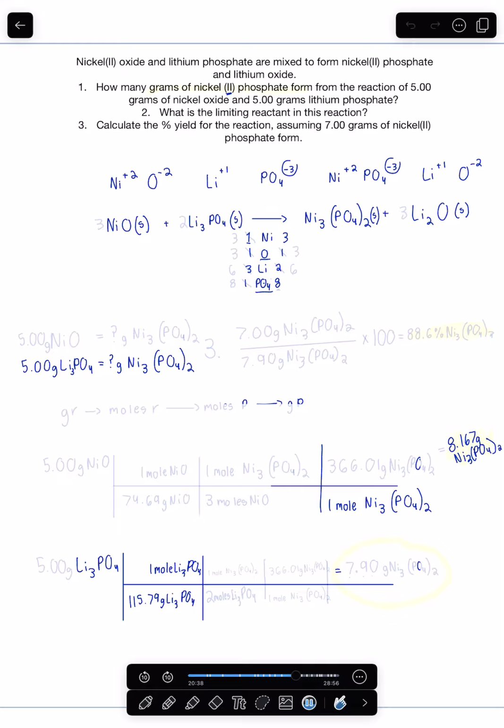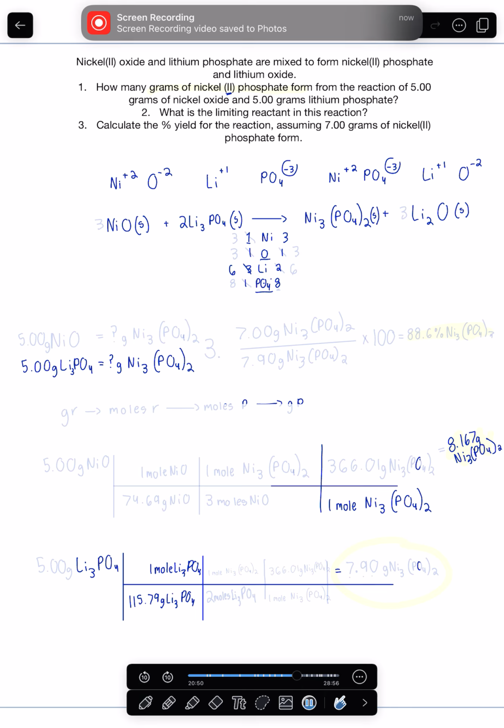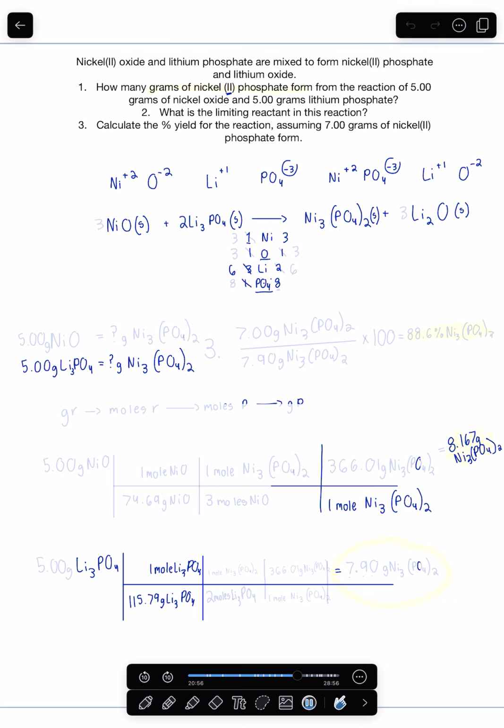And something that can be helpful is timesing it by itself. So I'm going to go ahead and put a 2 in front of this lithium so that I get 6. And then this phosphate will become 8, which also balances it over here.